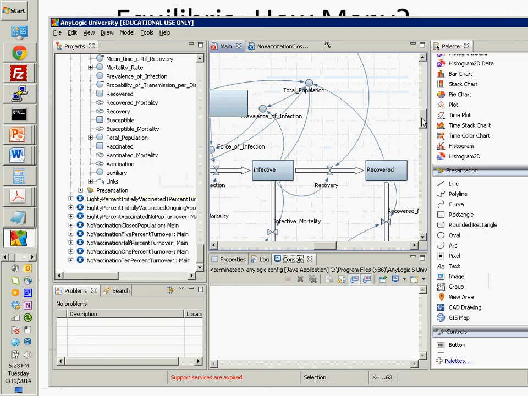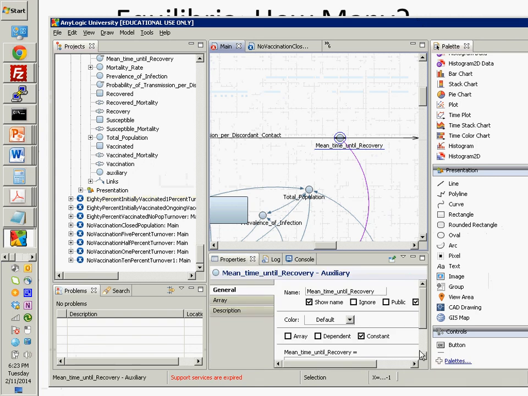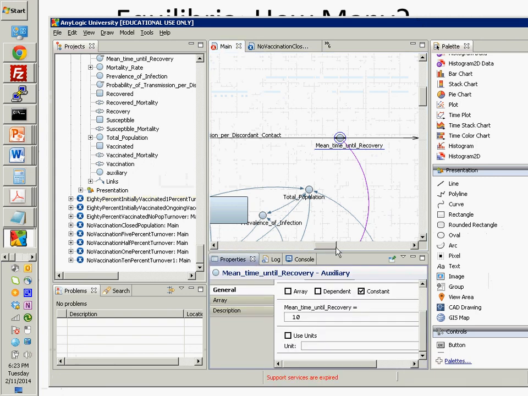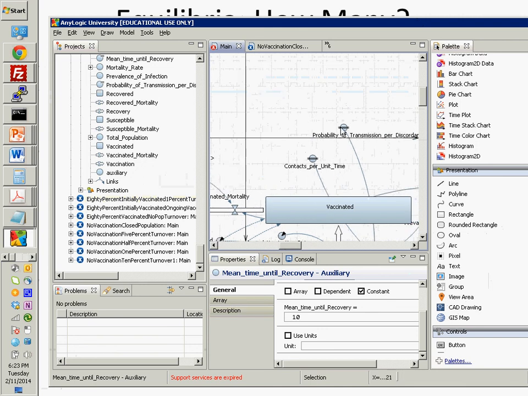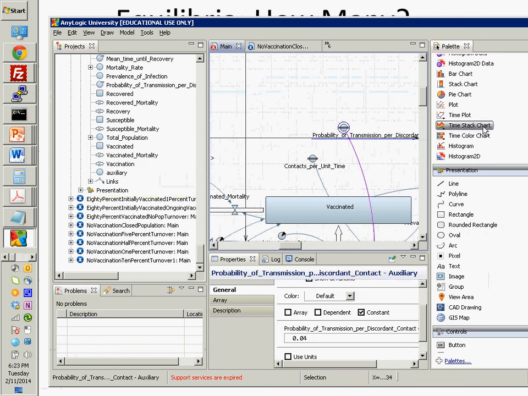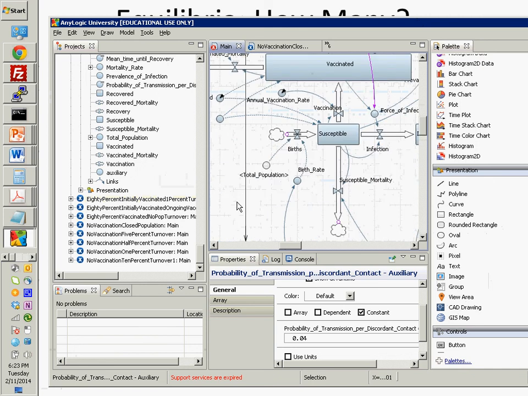Mean time until recovery is also 10, and we have a probability of transmission beta equal to 0.04, and then we start with 80% of the population vaccinated. I'd like to ask that, and then we can briefly look at how that interacts with an overall population.